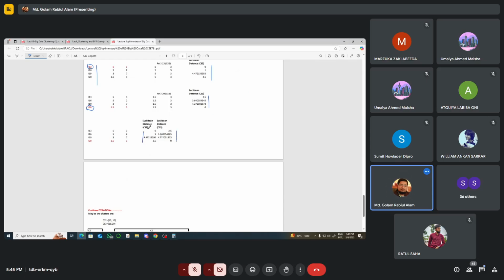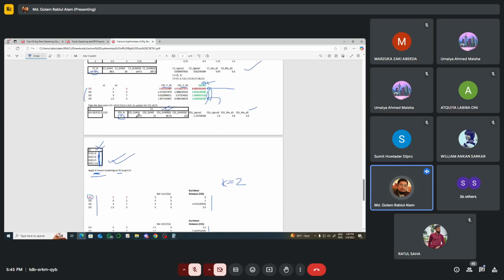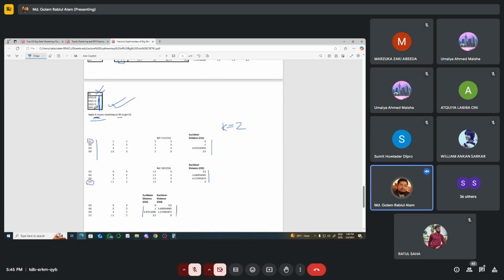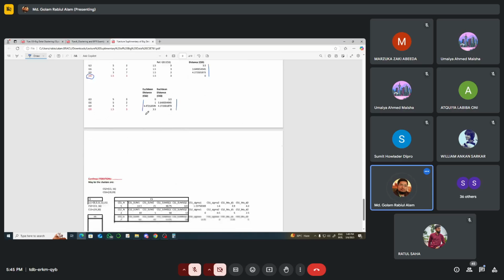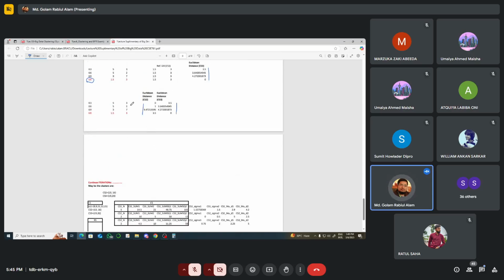Previously we have just one CS. If we cluster the elements in the RS and we get clusters of more than one element, then we say those are also CS, compressed sets. So in this case I got 2 clusters.